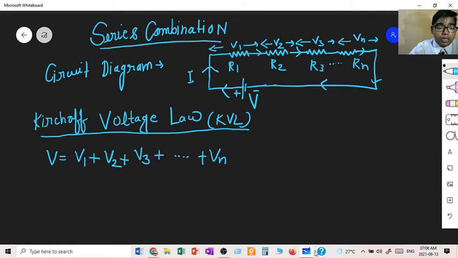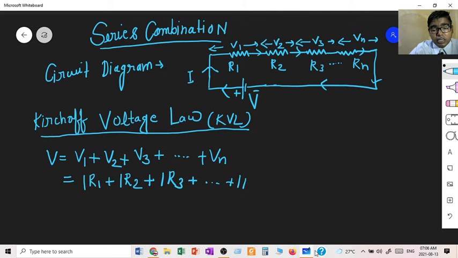And as per Ohm's law, we know that V1 is what? The current I is passing through R1, so voltage is IR1, then IR2, since the same current is passing through it, and the same current is passing through R3 up to Rn, the nth resistor. So IR3 and so on up to IRn.